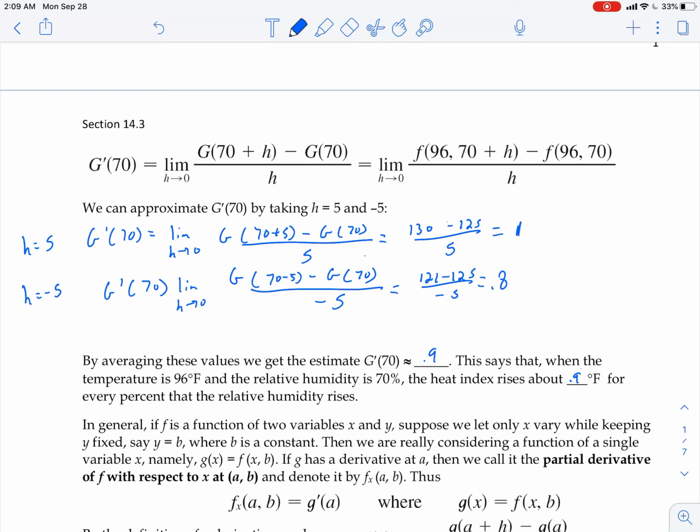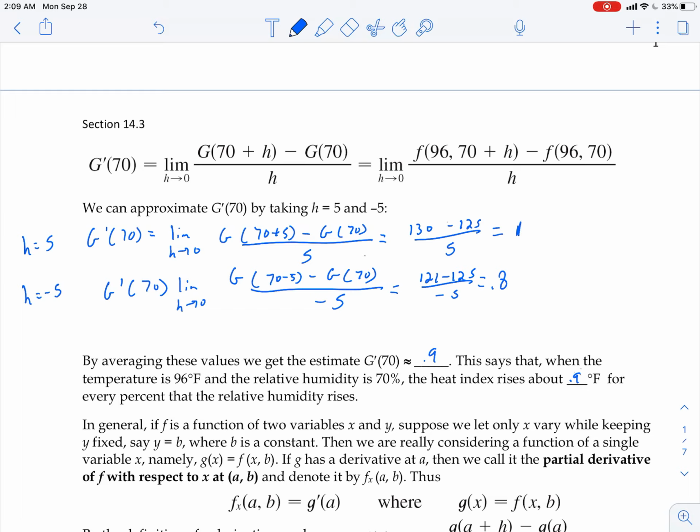Because we're taking the derivative of a function with two independent variables, there are an infinite number of derivatives that we can take at a single point, just because of the way that we have a curve in three-dimensional space. So what we're doing now is taking directional derivatives, but only from two directions.